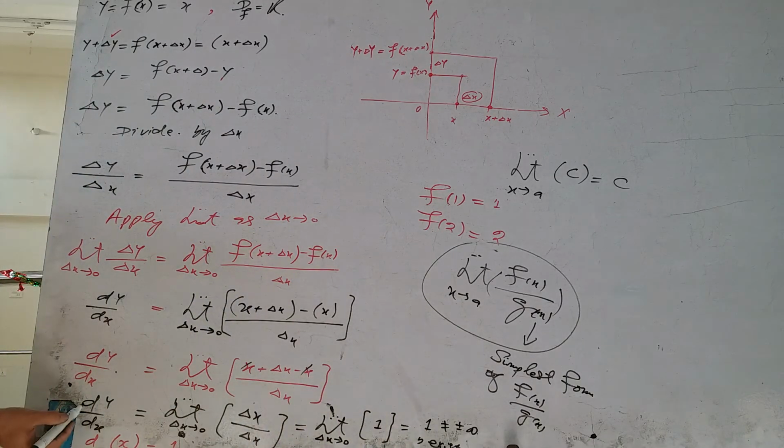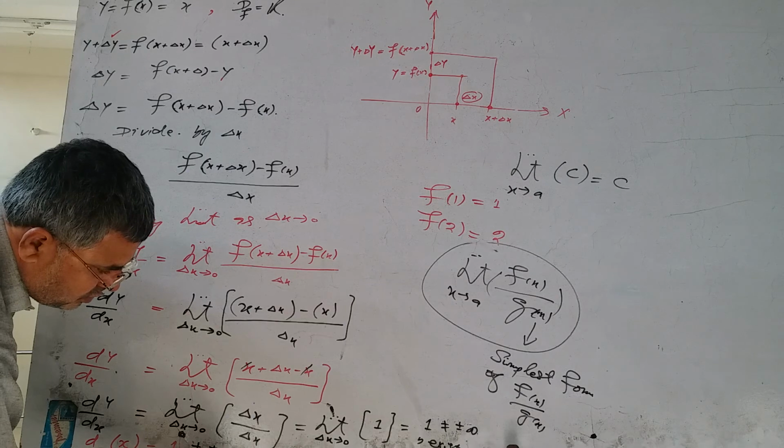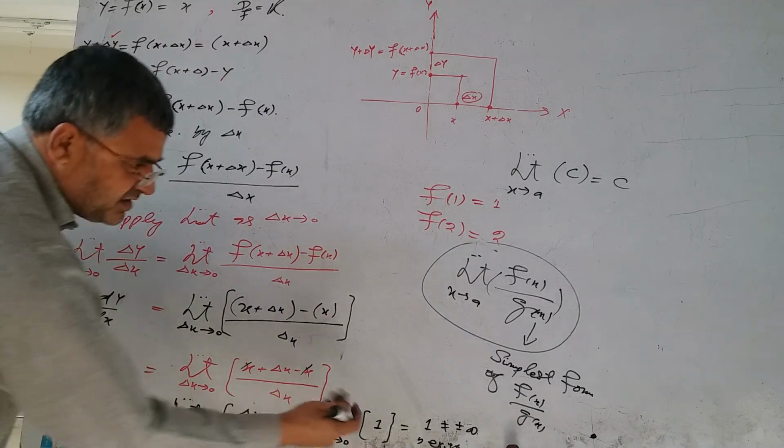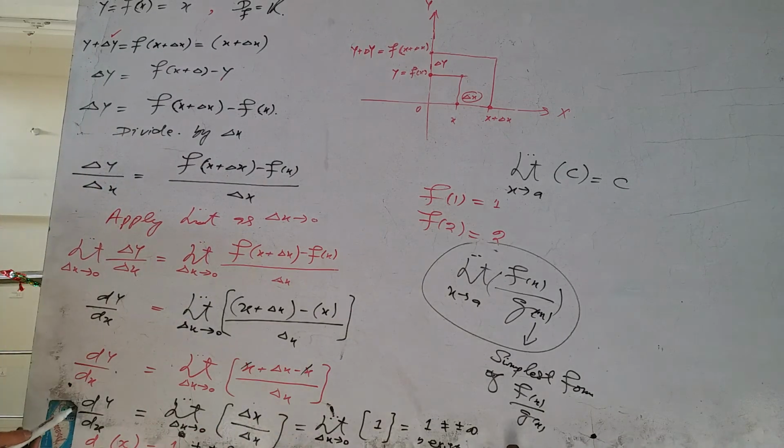That is, the derivative d divided by dx of y, in this case x, is equal to 1, which is not equal to plus or minus infinity. That is, the limit of this function exists, and this limiting value is called the derivative of the function y with respect to x. Y in this case is x, that is, the derivative of x with respect to x is equal to 1.